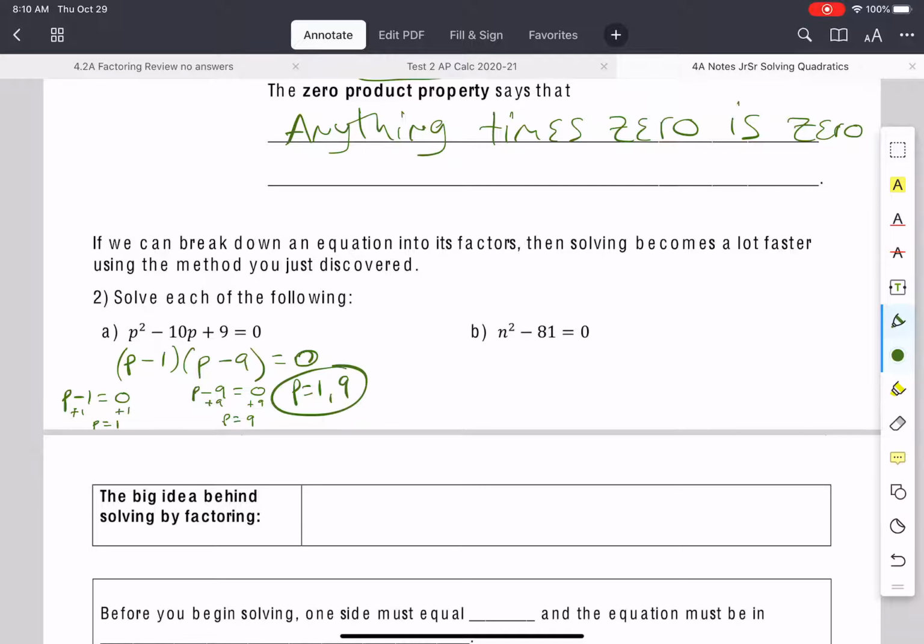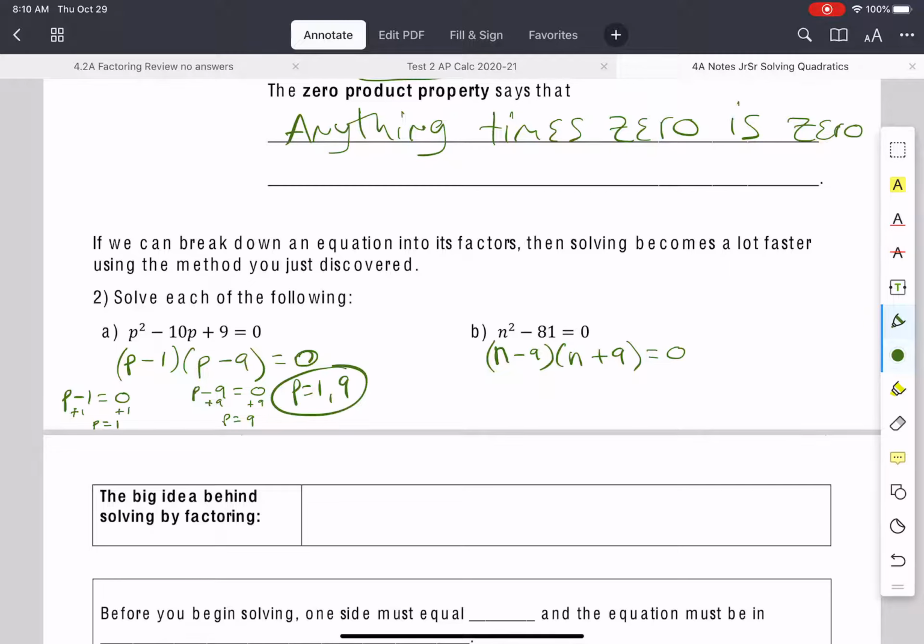Let's try another one. B. We already factored this one, right? So this one factored into n minus 9 and n plus 9. Zero product property says that anything times 0 is 0.